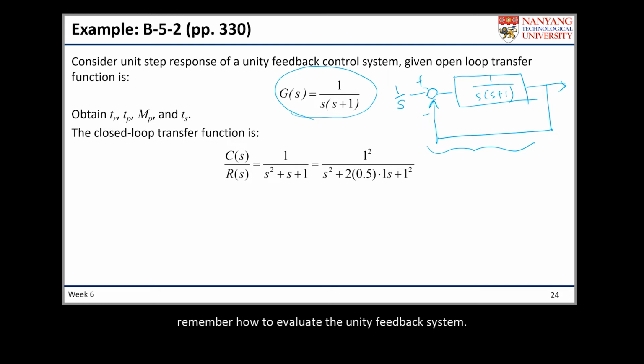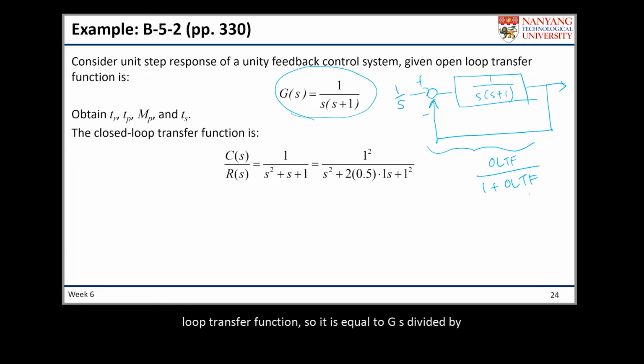You still remember how to evaluate this unity feedback system? The transfer function of this unity feedback system will be equal to the open loop transfer function divided by 1 plus the open loop transfer function.